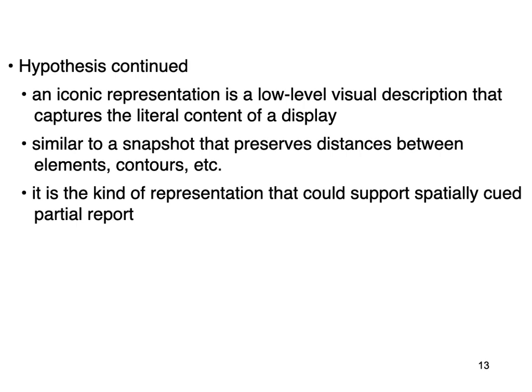Call it a photograph then, a snapshot that preserves distances between elements, contours, and so on. So it's a literal snapshot of what was on the retina, but at the cortical level. And it's the kind of representation that could support spatially cued partial report. If I ask for reporting an item in a particular location on the retina, but of course the item is no longer present, it's in the icon, I can read that off the icon.